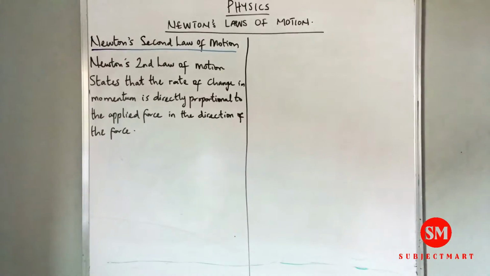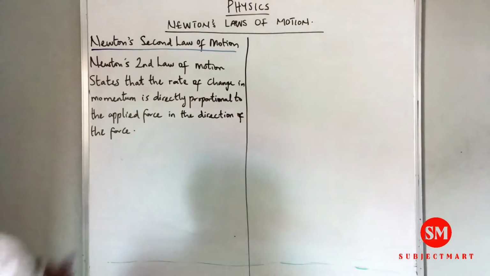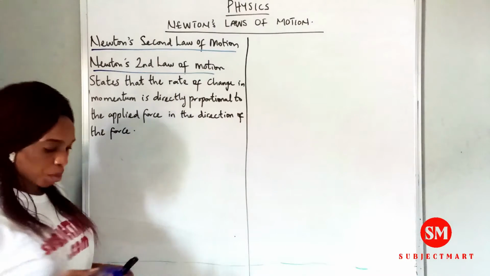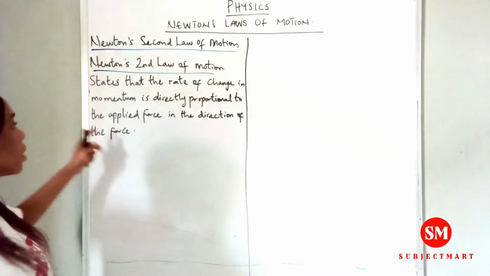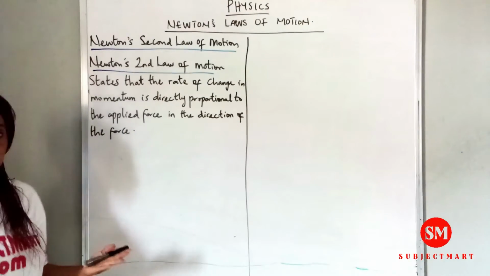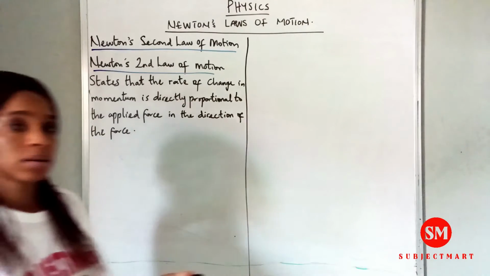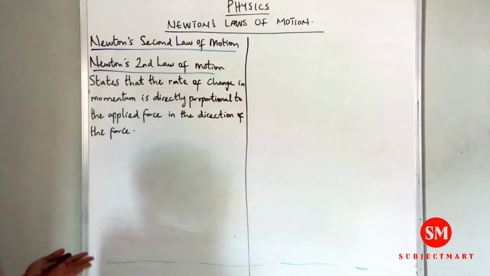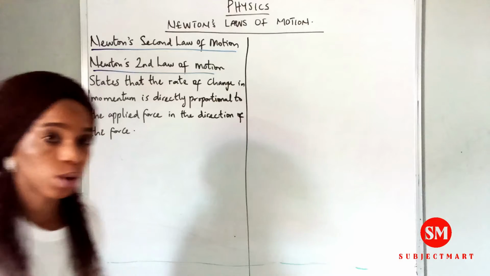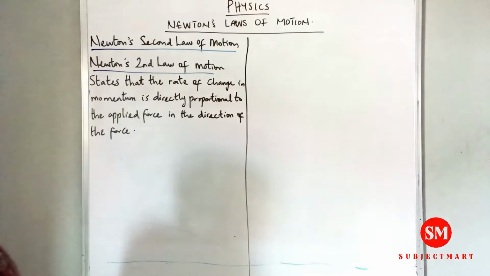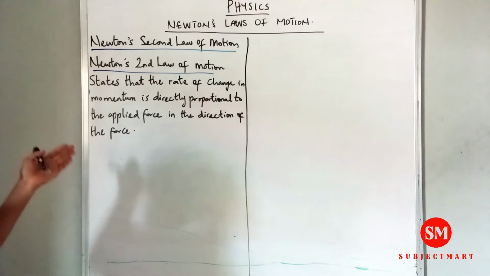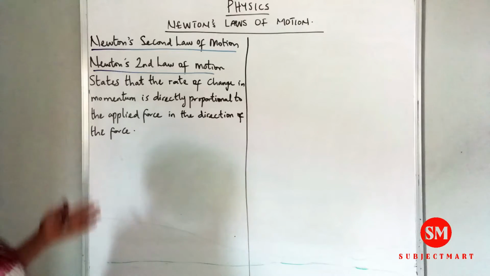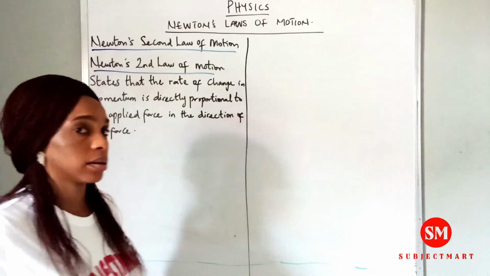Newton's second law of motion. The law states that the rate of change of momentum is directly proportional to the force applied. So for a body at rest to move or to change its state, the magnitude is directly proportional to the force applied.